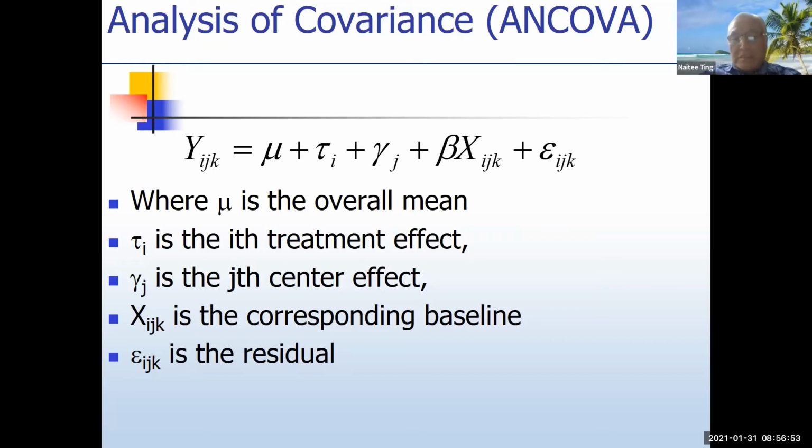But stratification can still be of concern, because at the design stage, when you thought about this factor being an important factor, you were willing to stratify on it. Now, stratification introduces logistic difficulty. Without a stratification factor, you can simply randomize. The patient comes in, and we randomize to A or B according to your protocol.